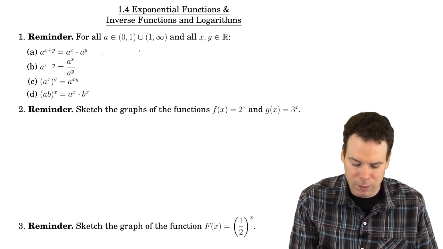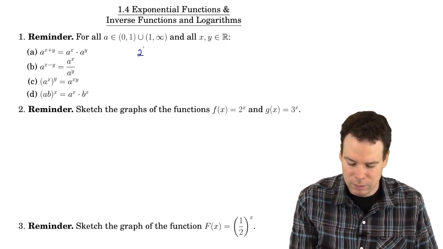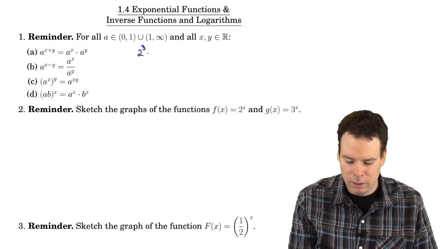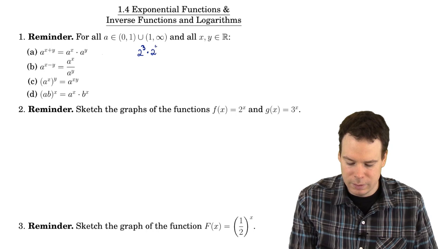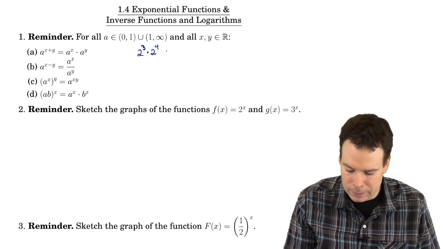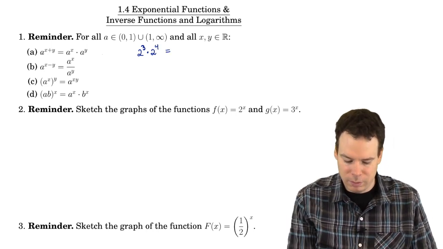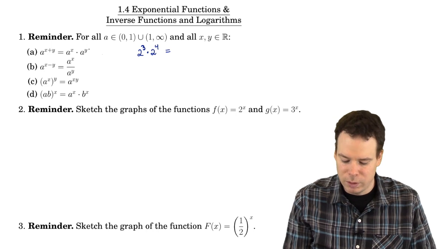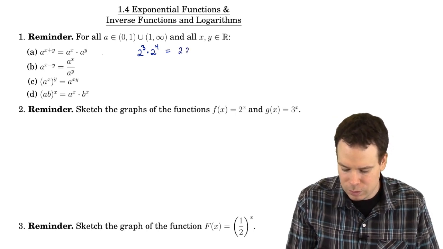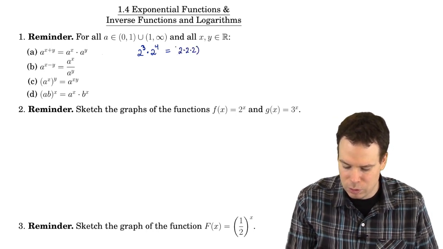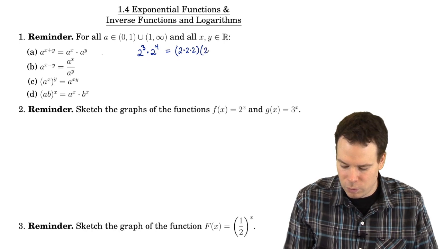This is something we typically use in the form of, well, suppose I had 2 to the power of 3, and I was going to multiply that by, let's say, 2 to the power of 4. Well, you may immediately remember this rule that says you just add the exponents. Now, why do we add the exponents? Well, 2 to the power of 3 just means 2 times 2 times 2. 2 to the power of 4 means 2 times 2 times 2 times 2.